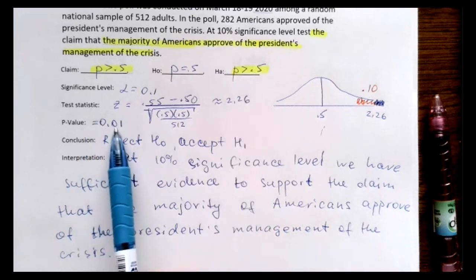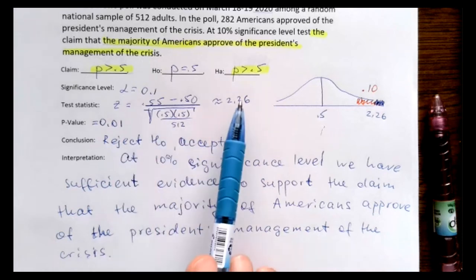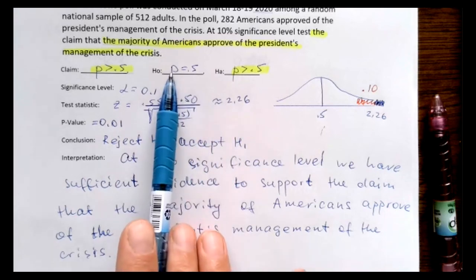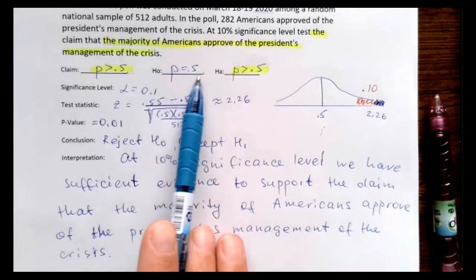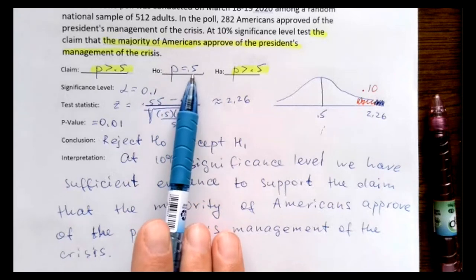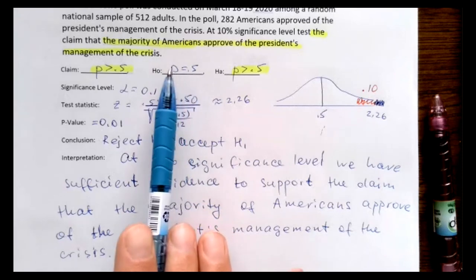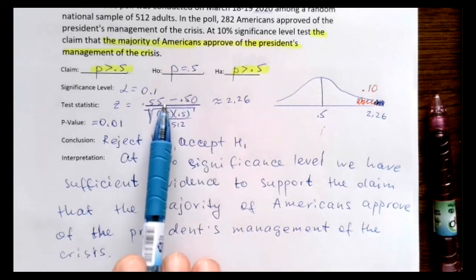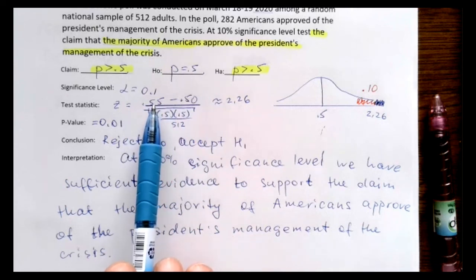So the p-value basically is the probability of this test statistic, given that the true proportion is really 50%. So if this proportion was really 50%, then it's very unlikely that we would get that result from the sample.